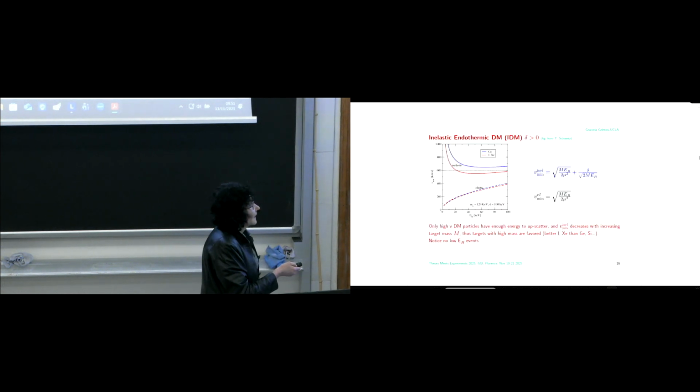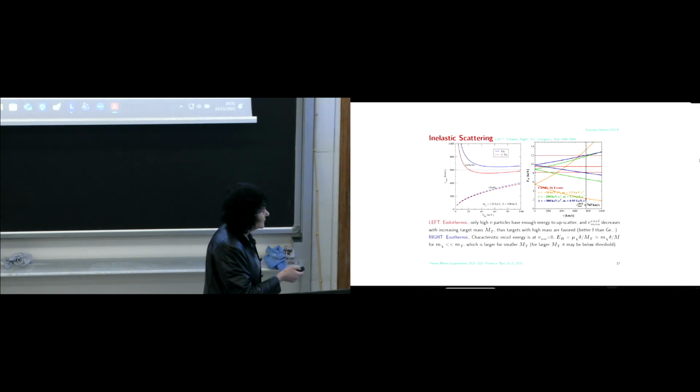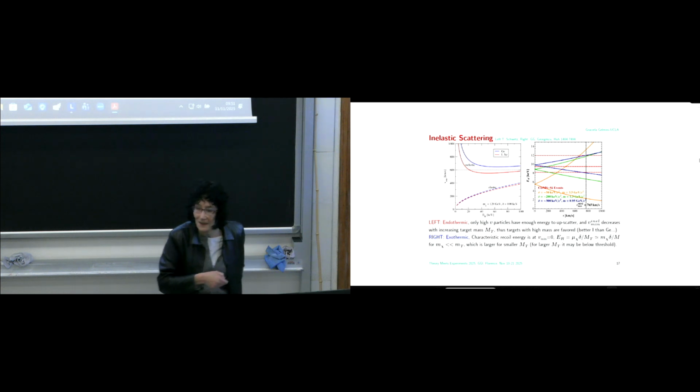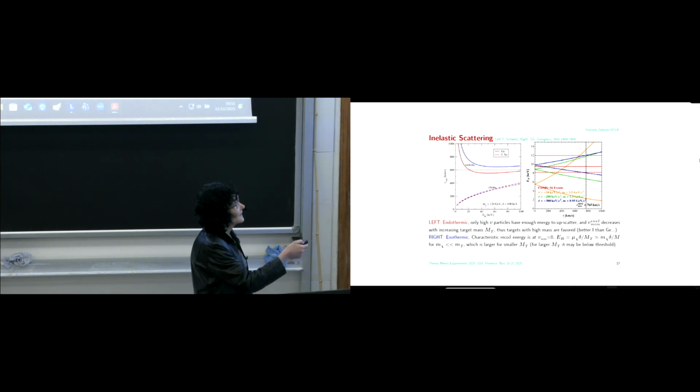Okay. So unfortunately, in this plot, this is the recoil energy, this is V mean, and here you have the velocity and the recoil energy. But the type of kinematics that you get is actually very different. Here you have V mean as a function of ER. This would be for endothermic.